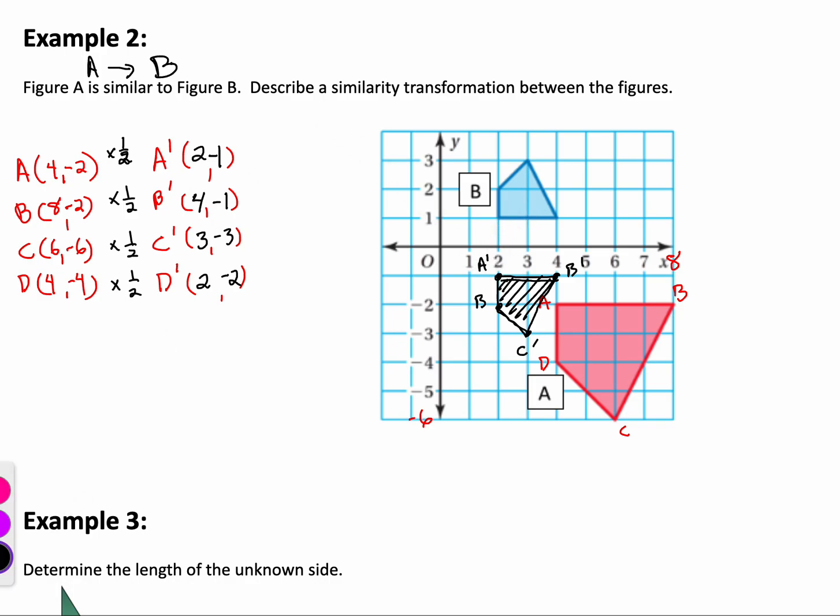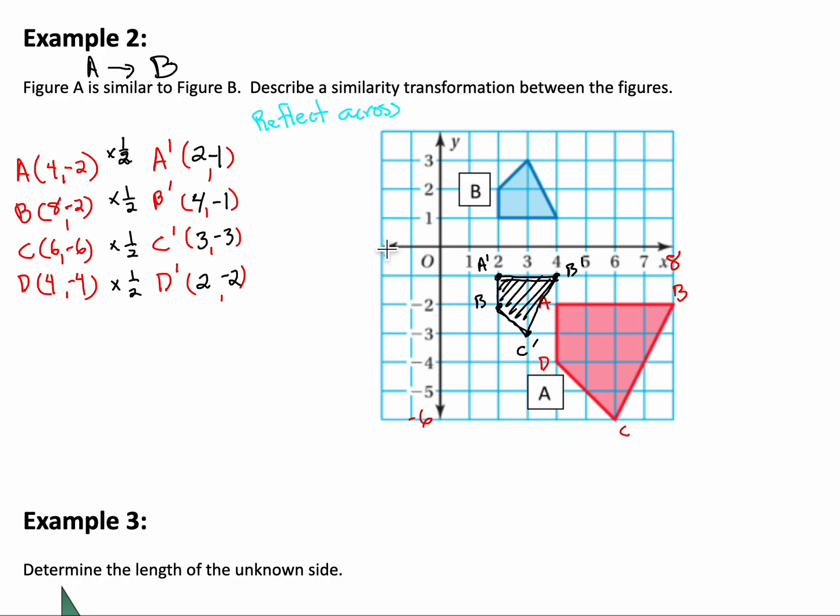So now I'm going to think about, how can I get that over there? So I'm going to reflect. Oh, I want a blue. I'm going to use the blue one. Reflect across.